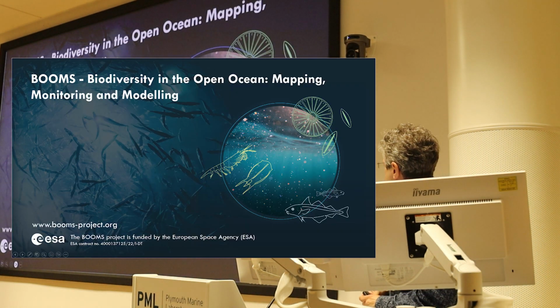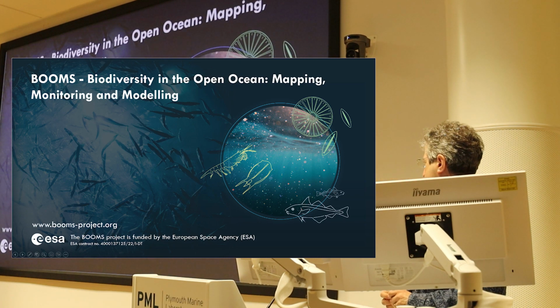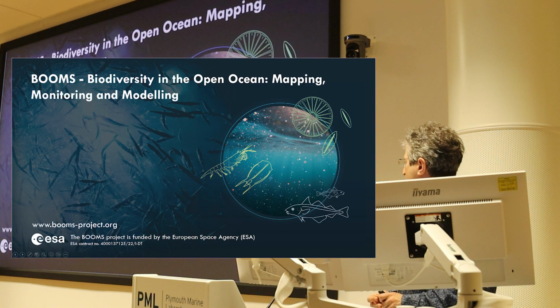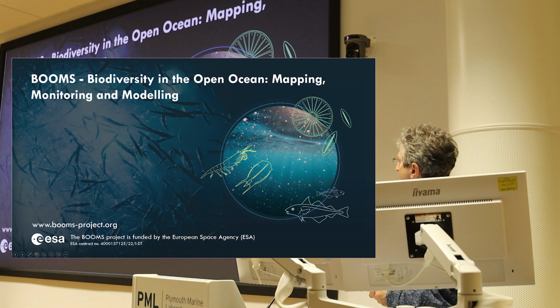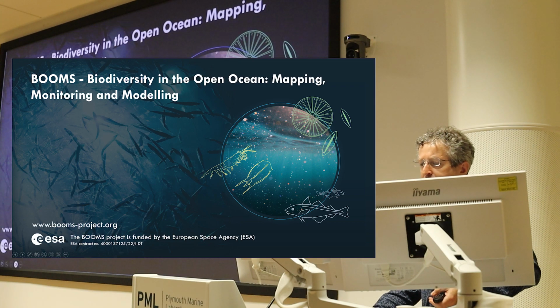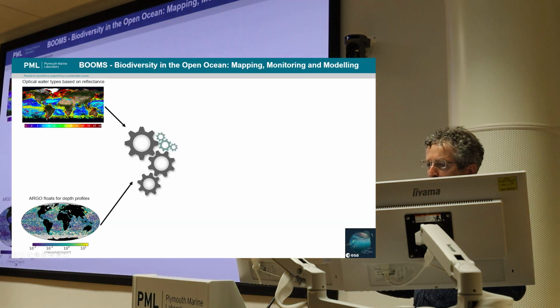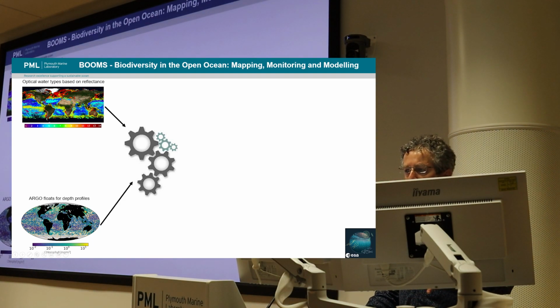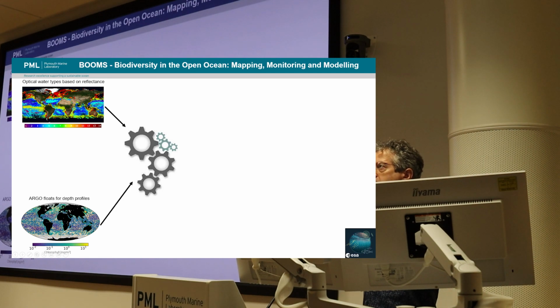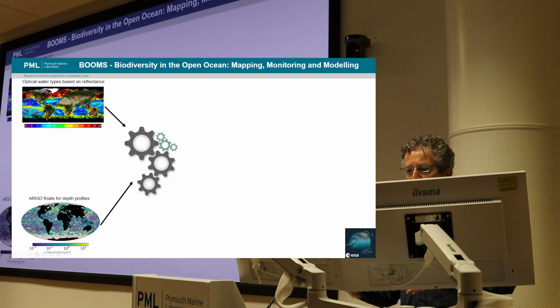And then we have this European Space Agency project here at PML called BOOMS, and that's looking more widely at the structuring of biodiversity in the open ocean. What we're doing with that is trying to develop seascapes that explain this dynamic feature space that different types of animals and different trophic levels respond to.